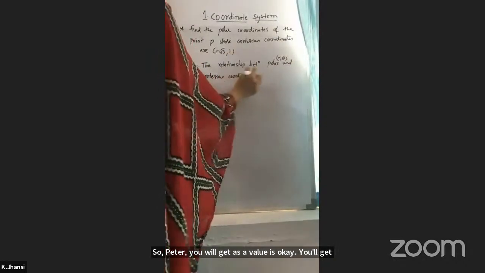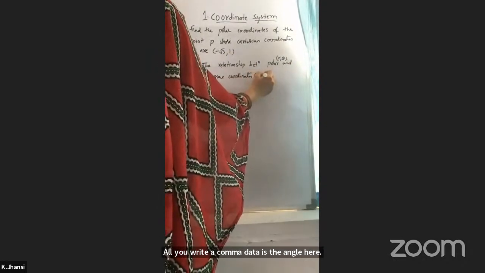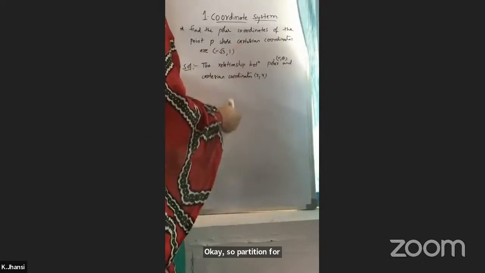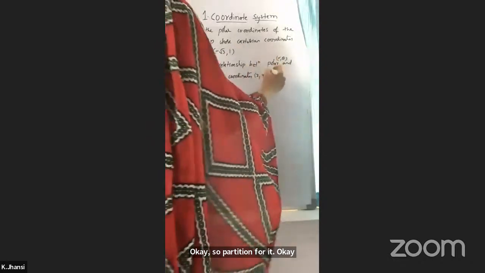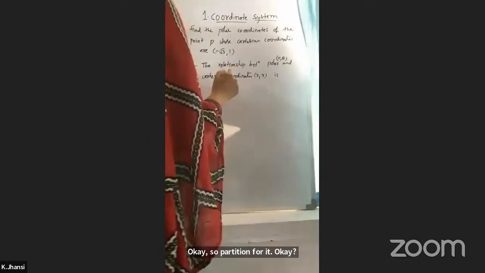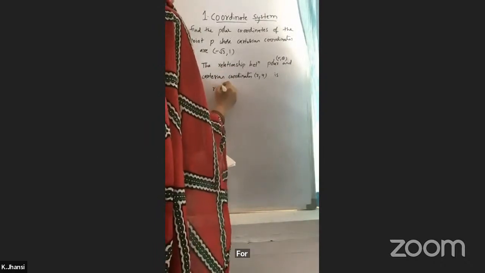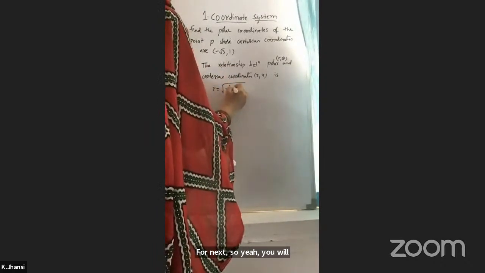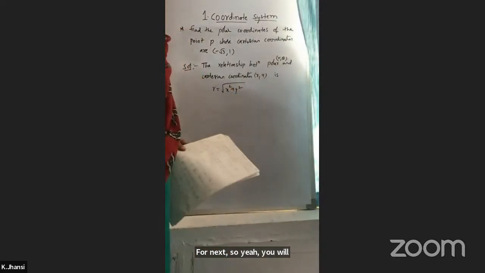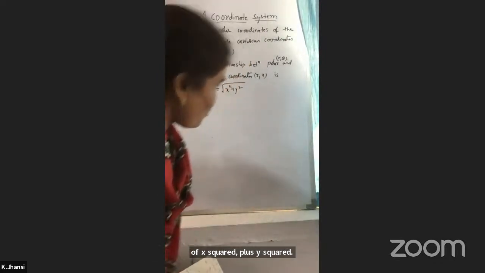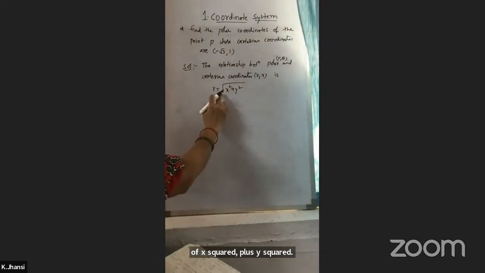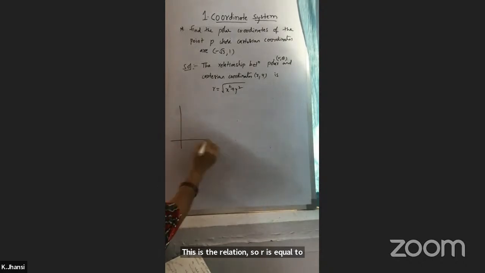Cartesian coordinates means x comma y here. Here we get r equals under root of x square plus y square. This is the relation. Yesterday we have seen this one.